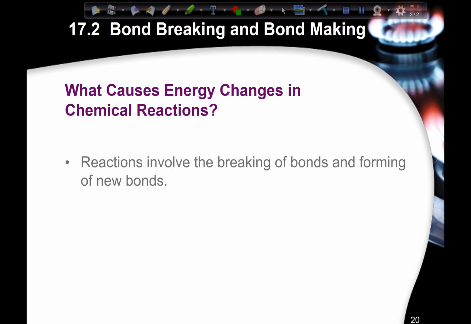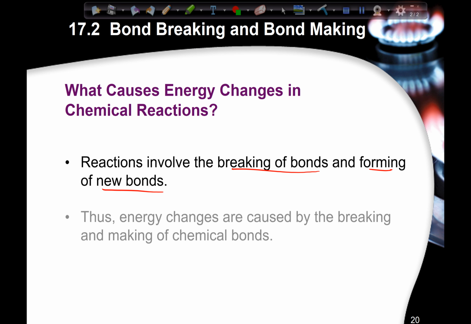What causes energy changes in a chemical reaction is the breaking of bonds and the formation of new bonds. So we need to know this other equation: the enthalpy change is equal to the total energy used in bond breaking plus the total amount of energy released in bond forming.